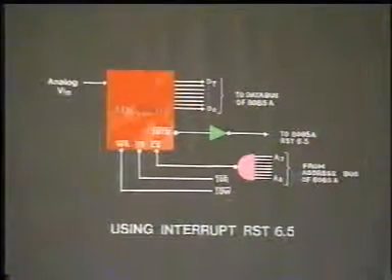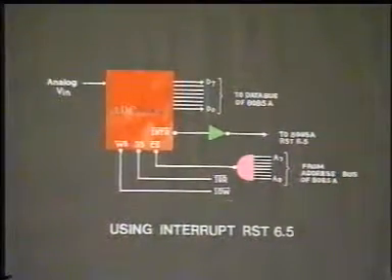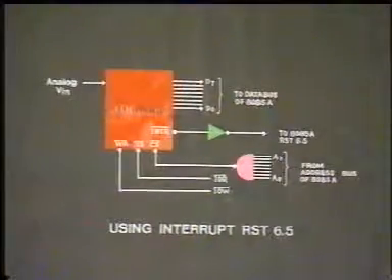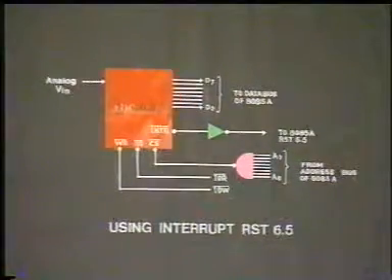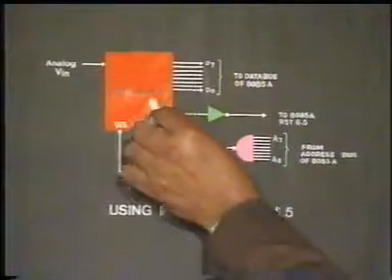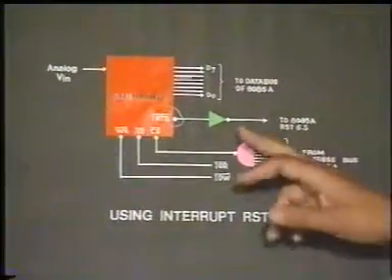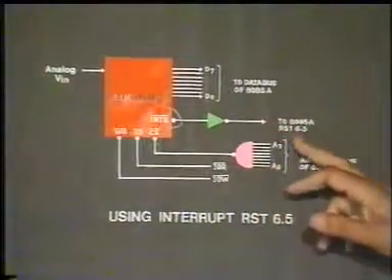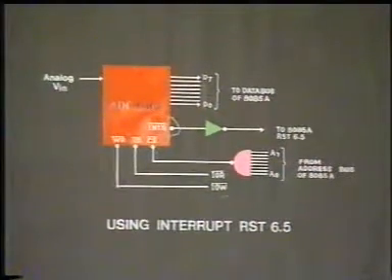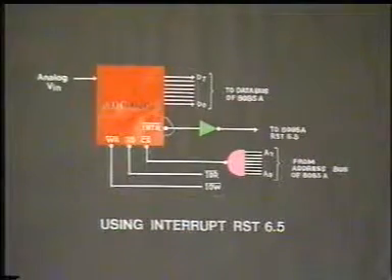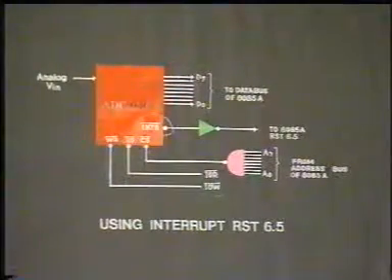Now, the conversion goes on, and the microprocessor is carrying on its job. As soon as the conversion is over, the INTR bar signal goes active low, and the inverter puts a logic high to the RST line. That means it gives an interrupt signal to the microprocessor.